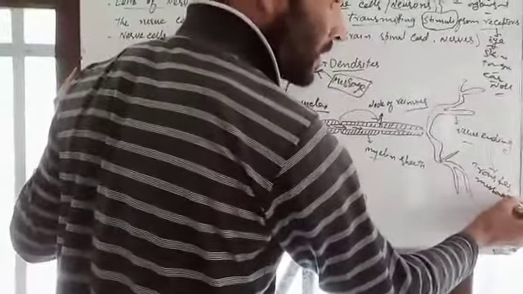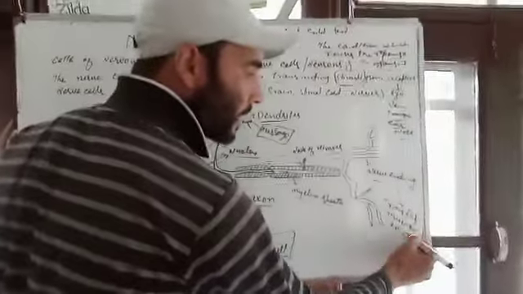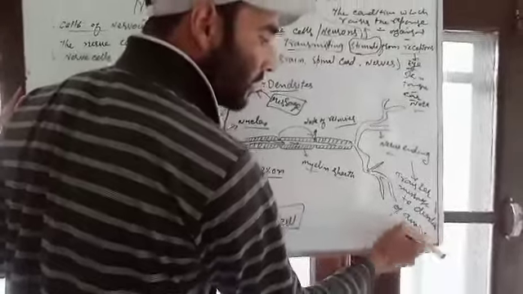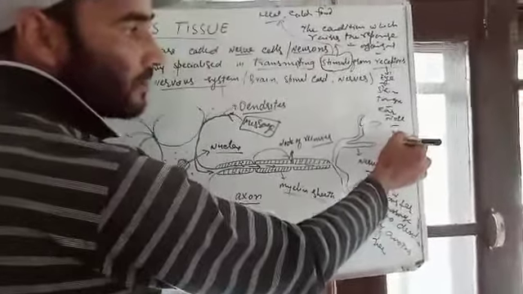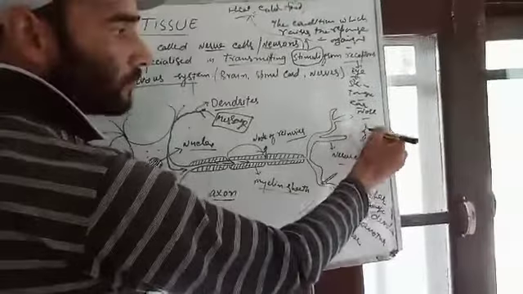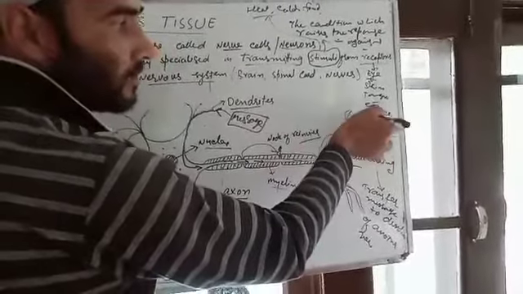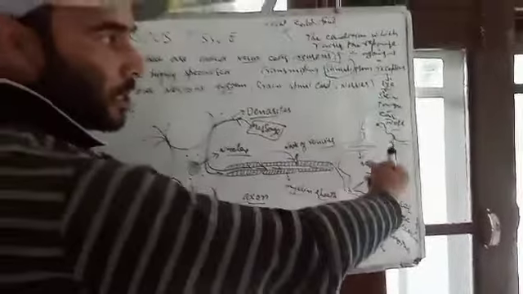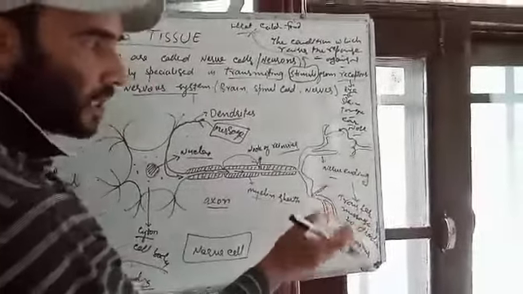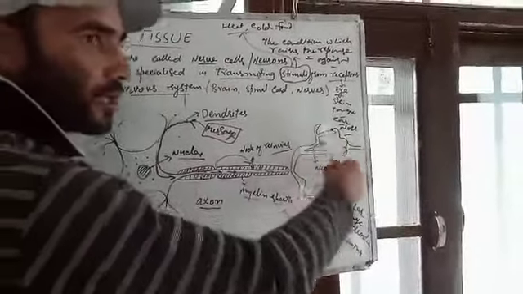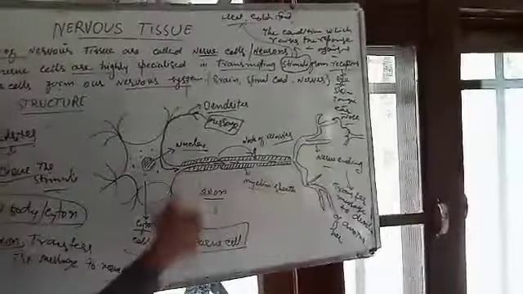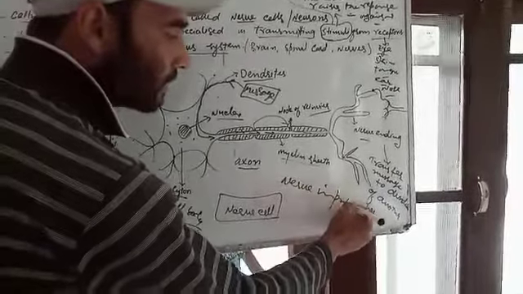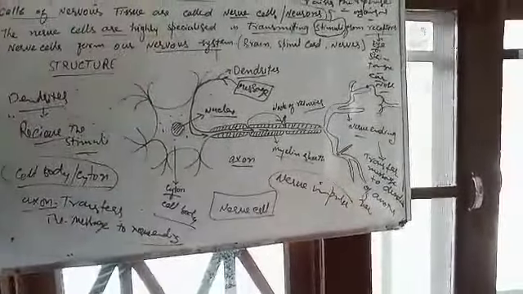The nerve ending transfers the message to the dendrite of another neuron, another nerve cell. That means the dendrites of another nerve cell are connected to the nerve ending here. In simple terms, the nerve ending transfers the message to another neuron. And this type of message is known as a nerve impulse.